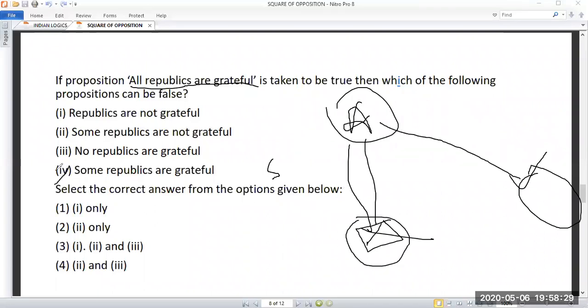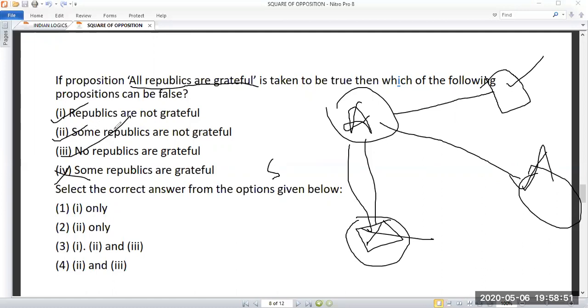So this fourth option will be eliminated. So there are three options. If A is true, then this cannot be true, so this is false. Then this cannot be true, so this is also false. Some republics are not grateful. So 1 to 3 is the answer.